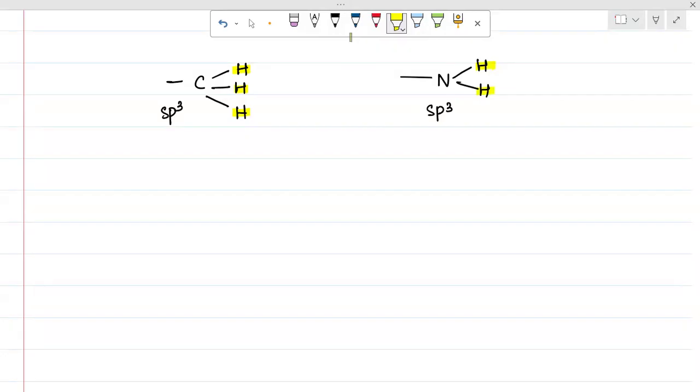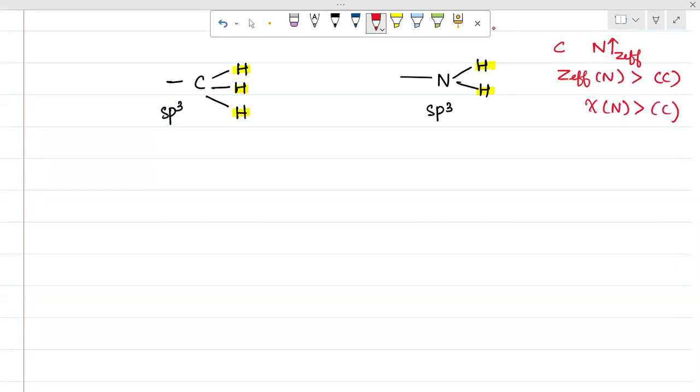So you have to compare the central atoms, carbon and nitrogen. In the period, carbon is over here and towards the right you have nitrogen. The Z effective of nitrogen is more than that of carbon, and hence the electronegativity of nitrogen is also more than that of carbon. So over here, it is like this.